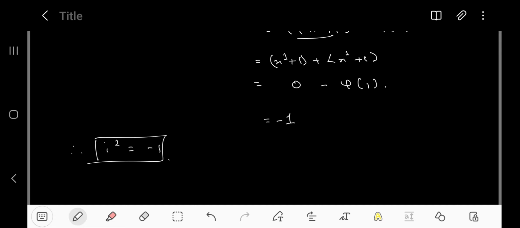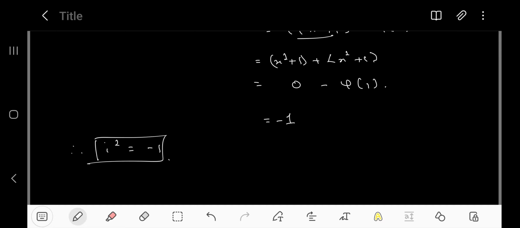So it's a surjective map as well. Clear? So it preserves one. So thus we have essentially got hold of the symbol I whose square is minus 1. Is it clear?